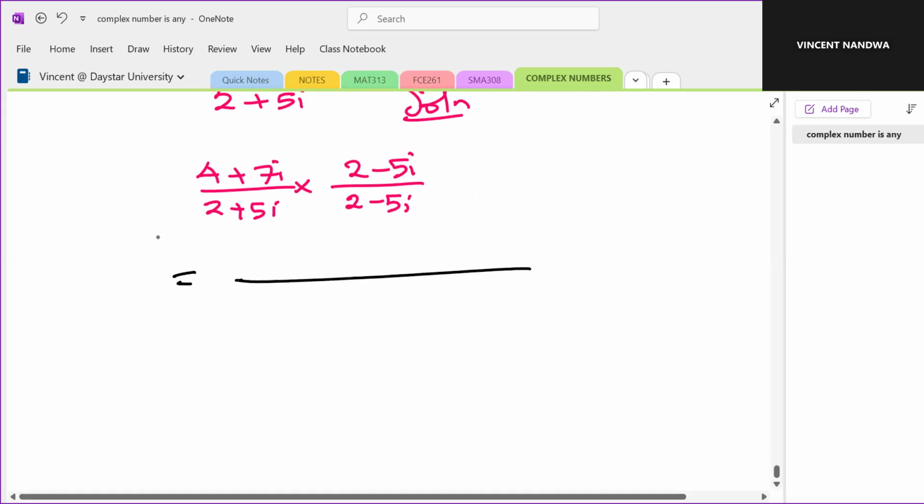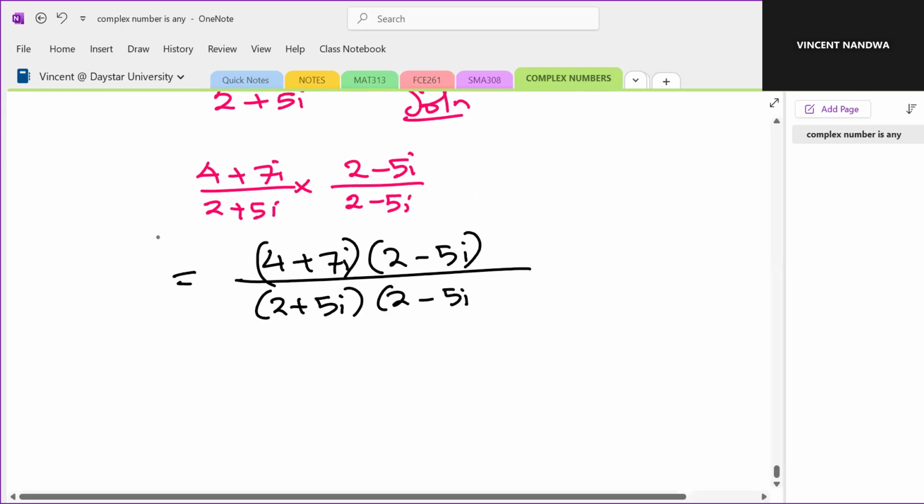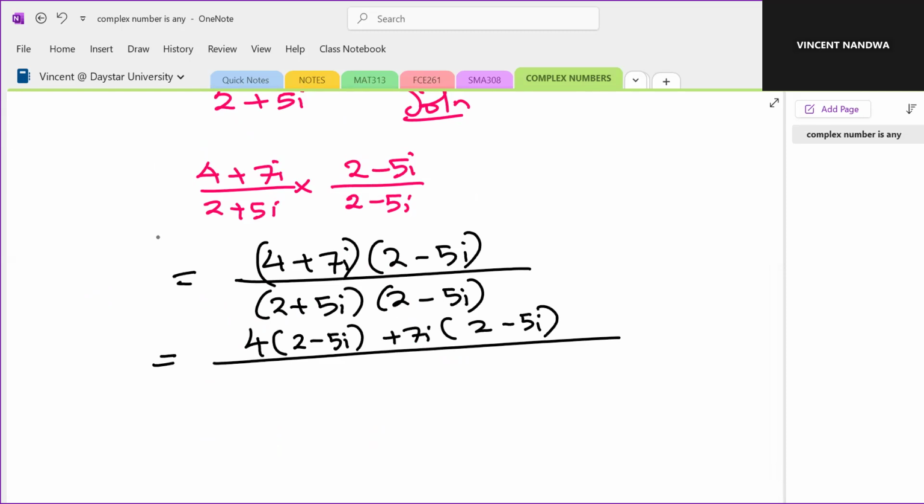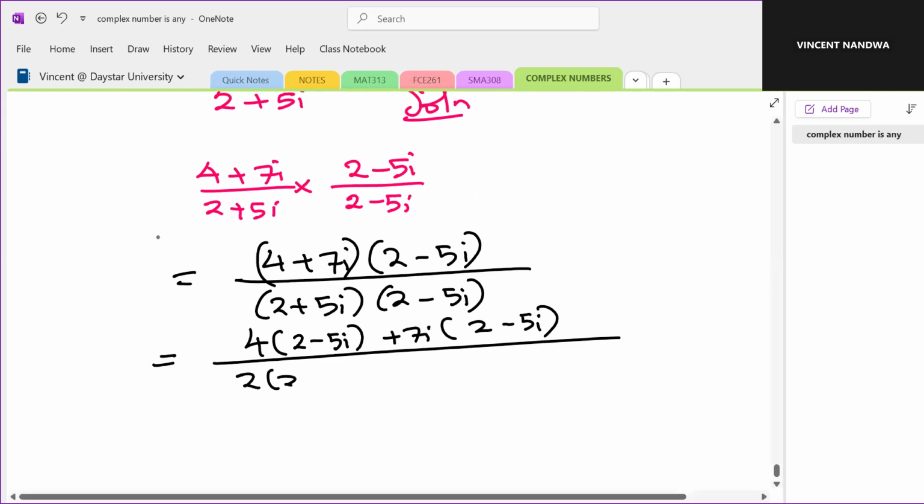So this will be 4 plus 7i into 2 minus 5i over 2 plus 5i, 2 minus 5i. So 4 will multiply 2 minus 5i plus 7i into 2 minus 5i. Then 2 into 2 minus 5i plus 5i into 2 minus 5i.